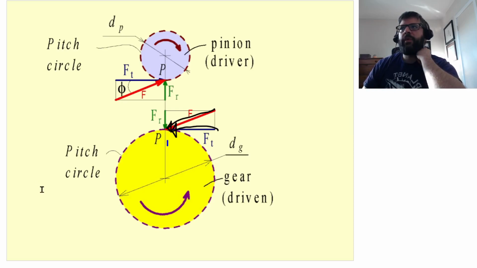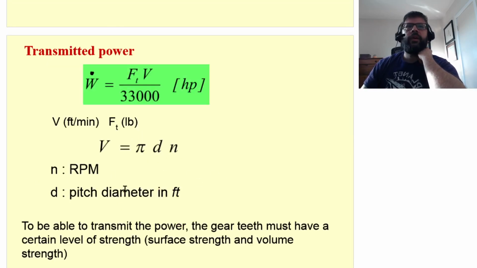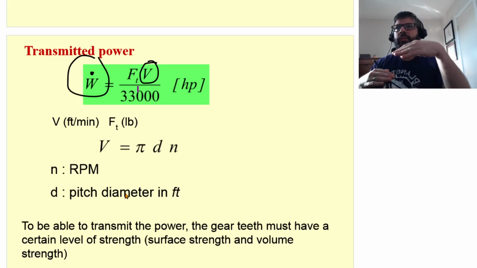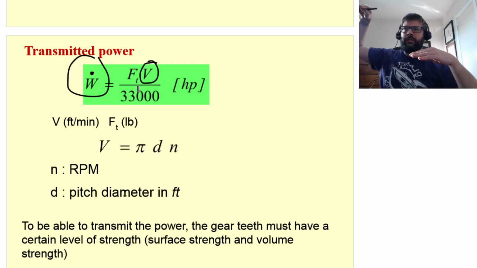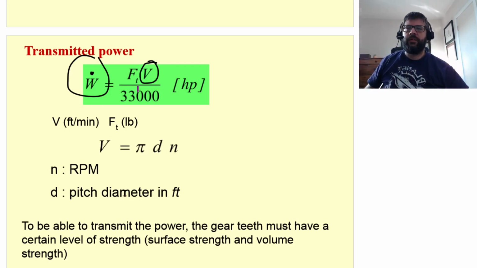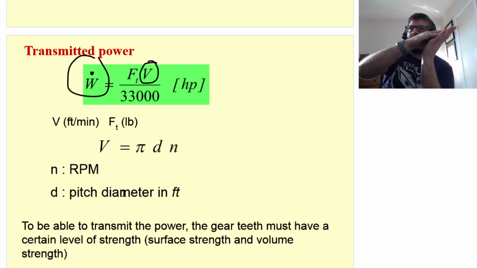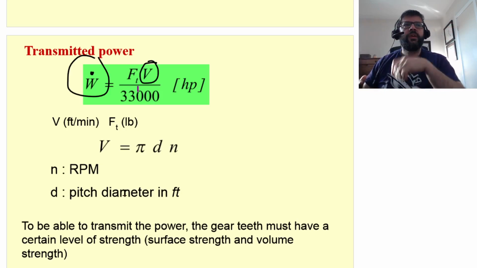So as for calculating that power, our rate of work is equal to the tangential force that's being transmitted times the velocity of the contact at that point. We've got the pinion coming in this way, the gear coming in this way, meshing together at a particular velocity in the middle.